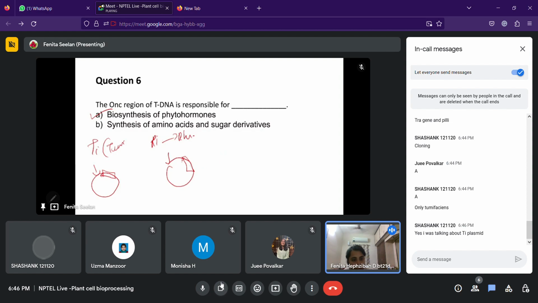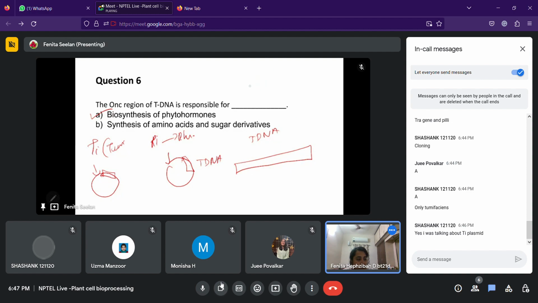So tDNA is just the transfer DNA. That's why it is named as tDNA. So what will all this tDNA comprise of? Okay, before that we will talk about the Ti plasmid.